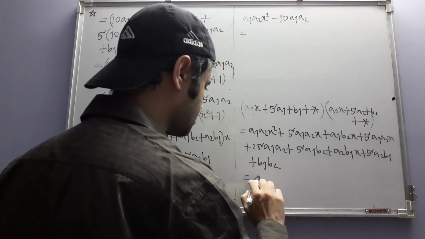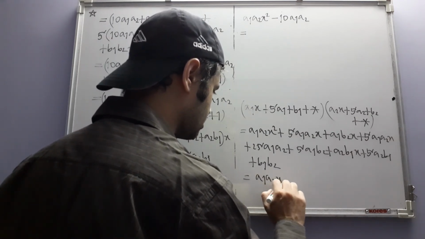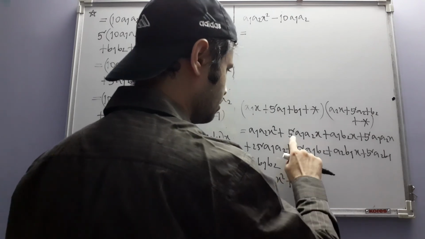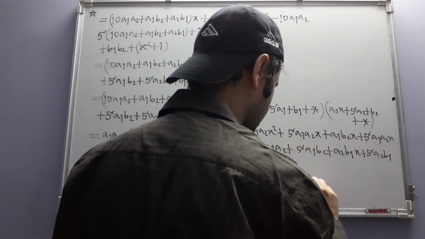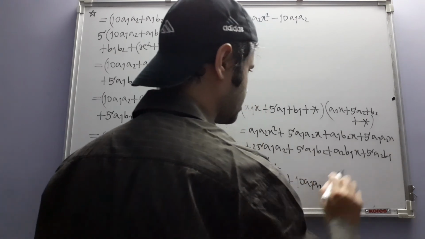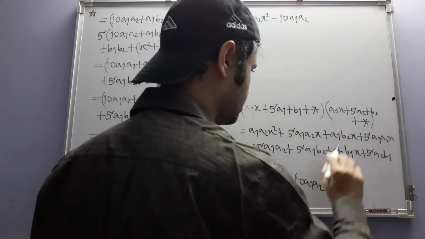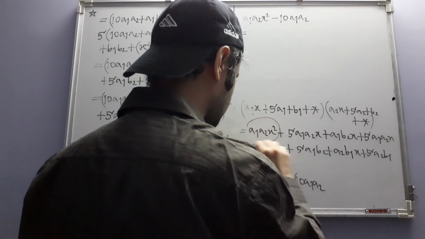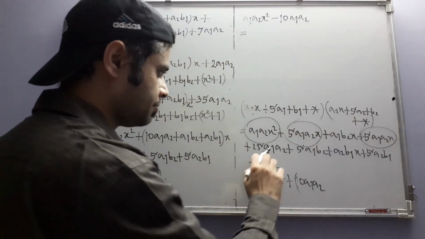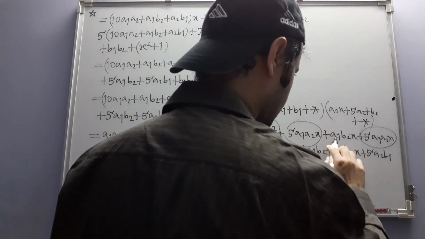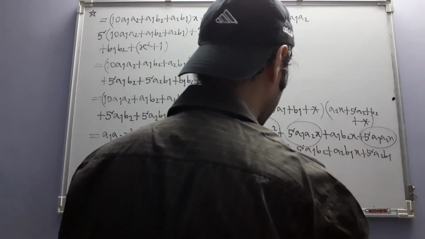So this gives us what? a1 a2 x square plus 5 a1 a2, 5 a1 a2, that gives me 10 a1 a2, and with that there is an x which I am going to take common out, plus a1 b2 x, a2 b1 x.